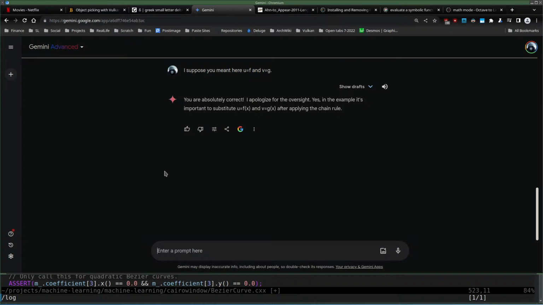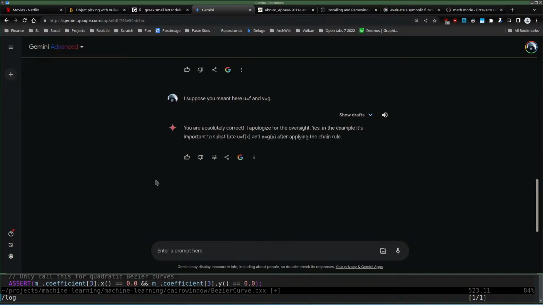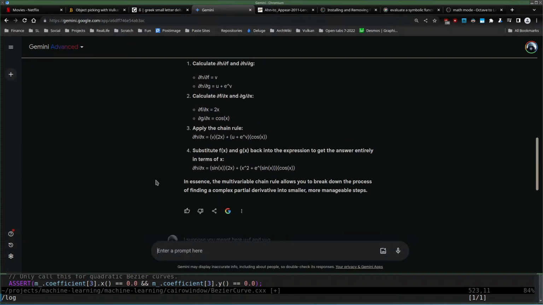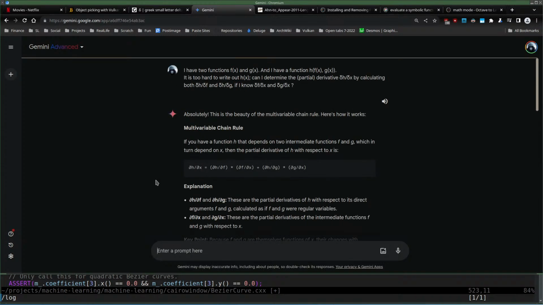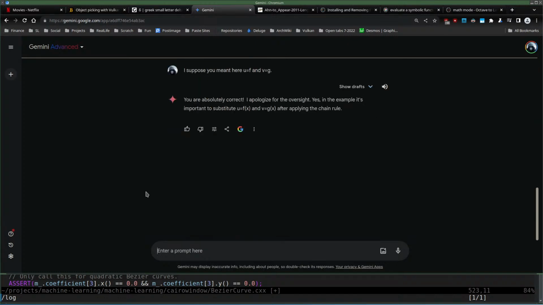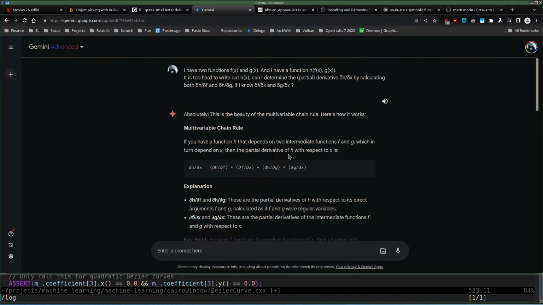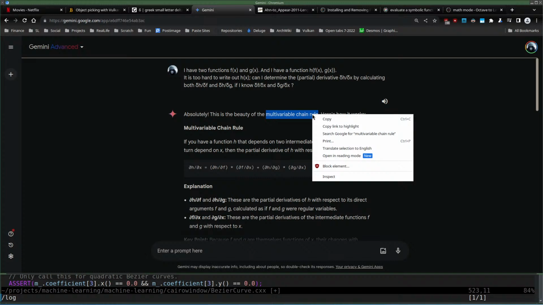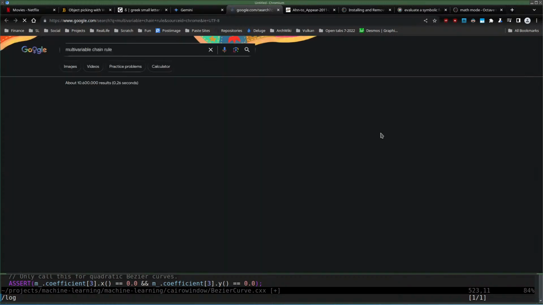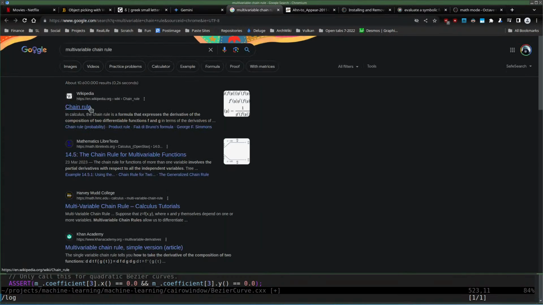Just don't use u and v at all. Anyway, I feel I still have to check it. Multivariable chain rule. Let's just Google that. Chain rule multivariable functions.